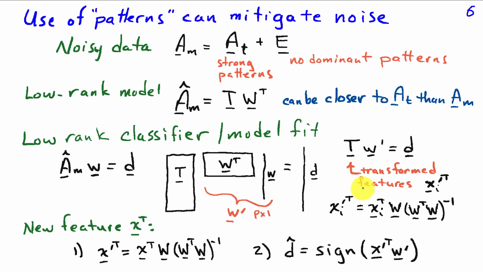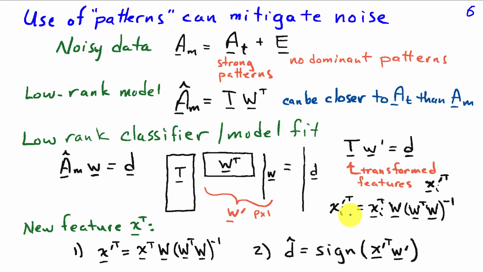Now, these rows of the matrix T, I can think about those as transformed lower dimensional features. So if I had the original rows in A sub m, let's say the rows of that matrix were features x_i transpose, then these transformed features, we'll call those x_i prime transpose, and you can show that the relationship between the transformed features x_i prime transpose and the original feature x_i is through W times the quantity W transpose W inverse, where again, this is the uppercase W, the matrix, in our low-rank approximation.